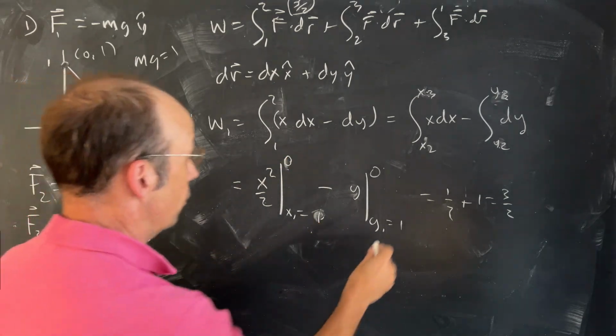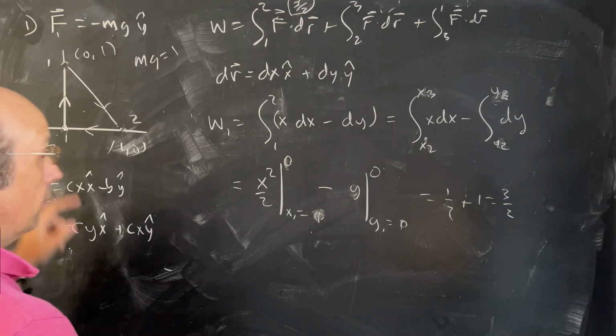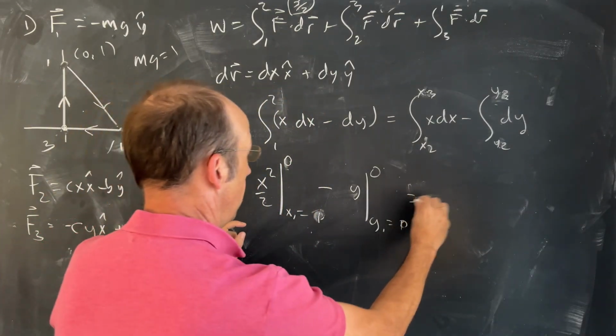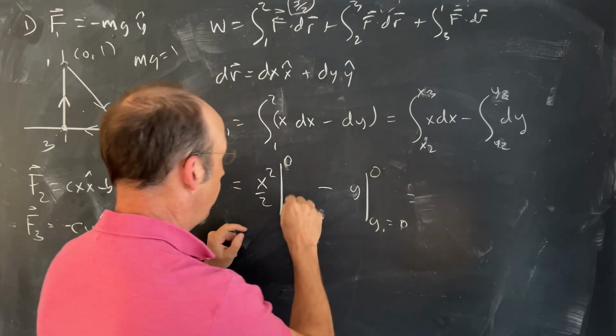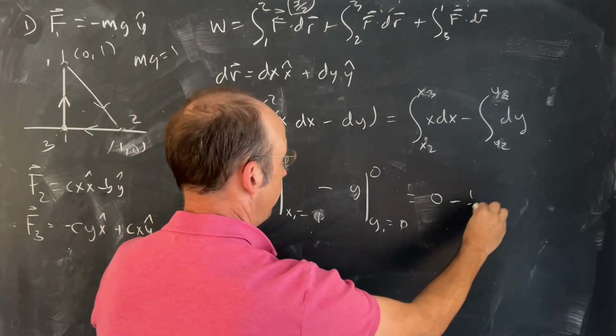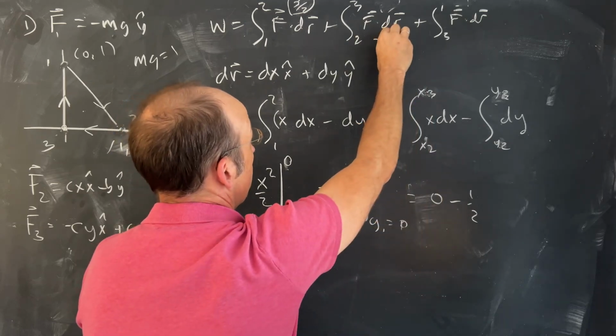The y integral goes from 0 to 0. So that means this integral is going to be equal to x squared over 2, which is 0 minus 1/2. So minus 1/2. I'll put it down here.